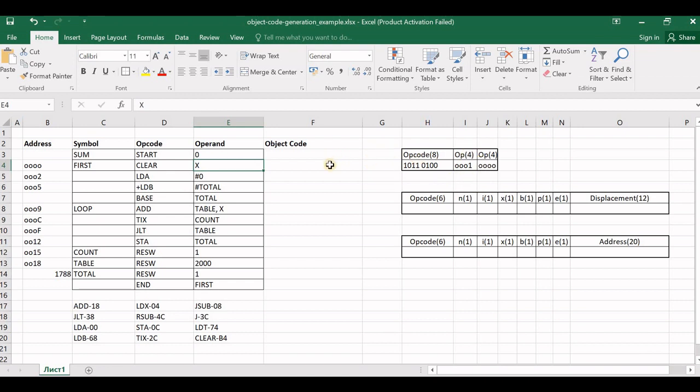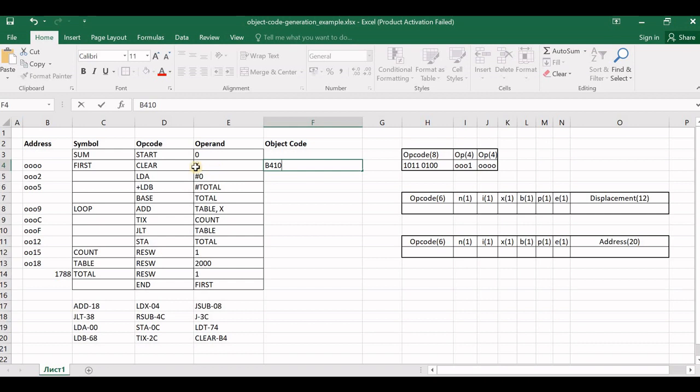When you group 4 bits, 1011 is B, 0100 is 4, then you have 1, and the last 4 bits is 0. So this is the object code for the instruction clear X.